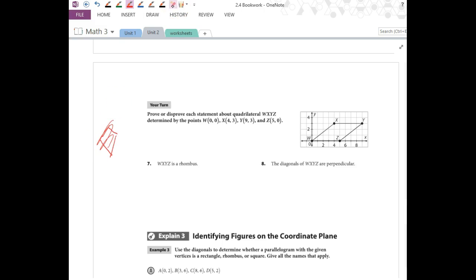But a rhombus is technically a kite. Two sets of congruent sides. Nope. For a kite. Yes. Yeah. So rhombuses and kites are both parallelograms.